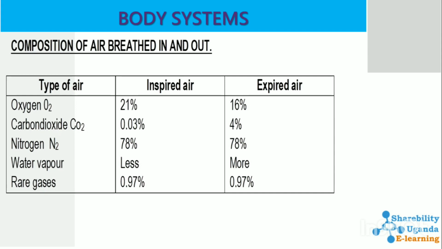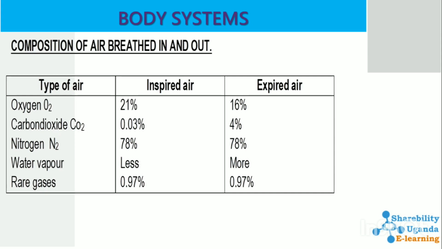Nitrogen inspired is 78% and expired is still 78%. Water vapor, the percentage is not indicated, and then rare gases are 0.97% inspired and expired is still 0.97%. That means the percentage of the rare gases that we take in is the same percentage that we take out.